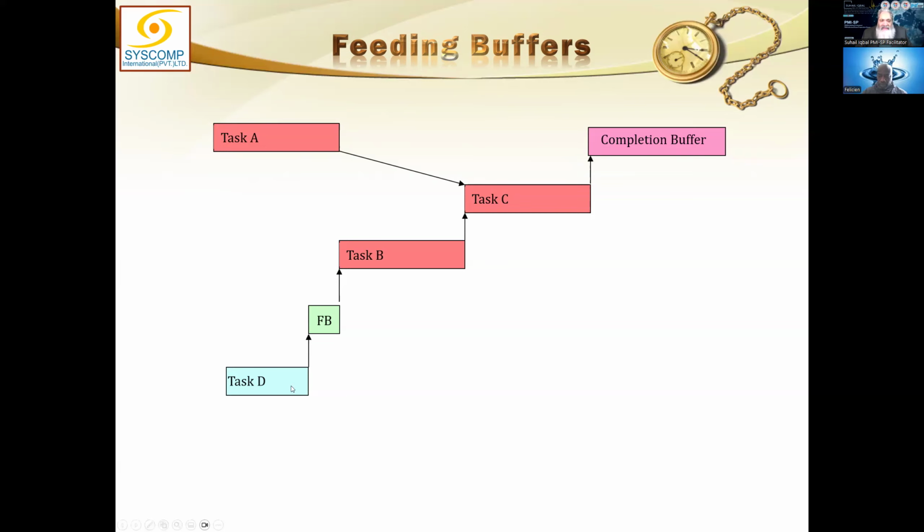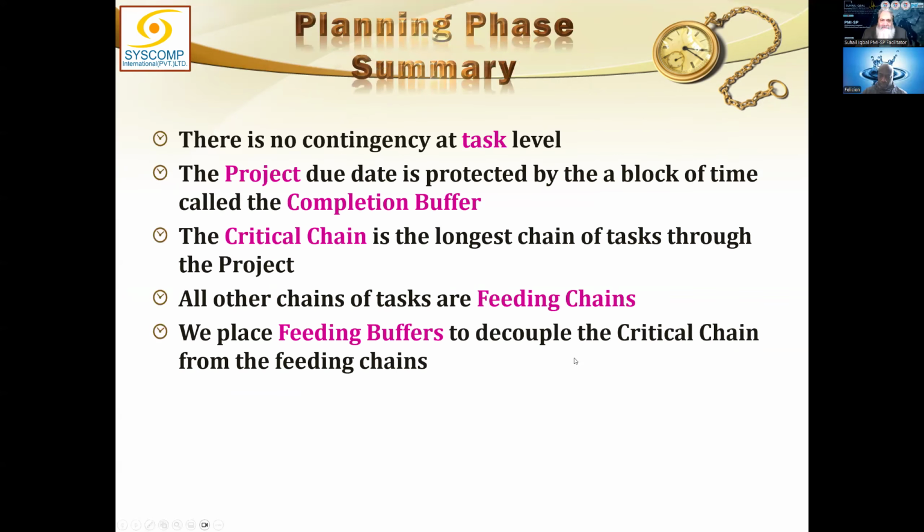What I do is I take some time out of this task and put it into the feeding buffer to ensure that task D does not impact the start of task B. And task B is assured to start on time. So to save it from a non-critical activity, I have created a feeding buffer after that activity. Got the idea?